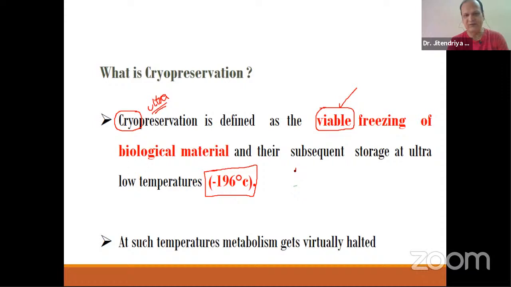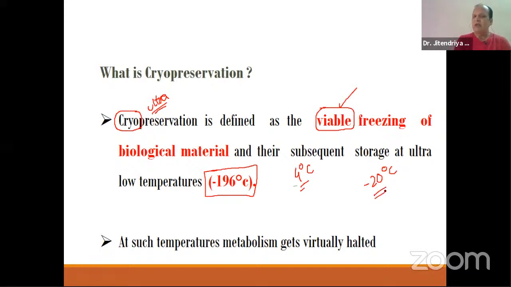In a regular freezing condition, generally 4 degrees Celsius is maintained. In deep freeze condition, it is minus 20 degrees Celsius, which we use in day-to-day life for storing things like ice cream.